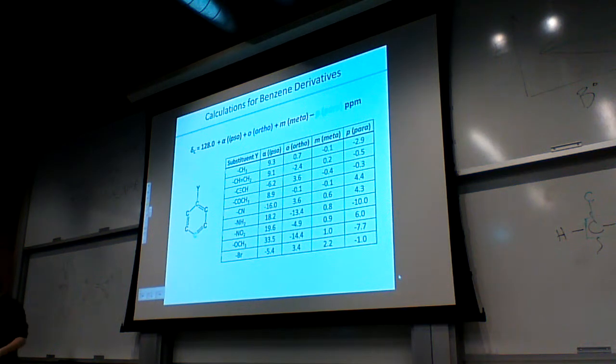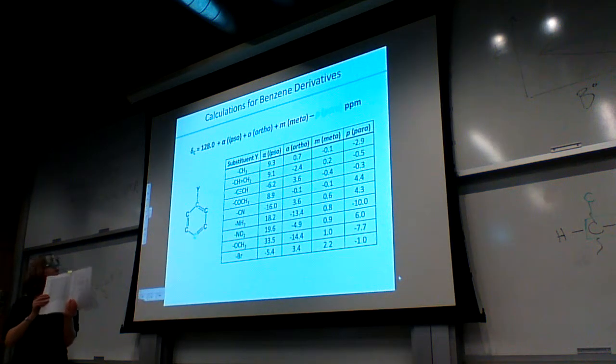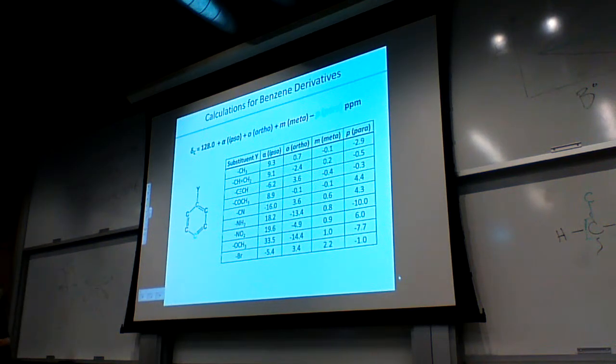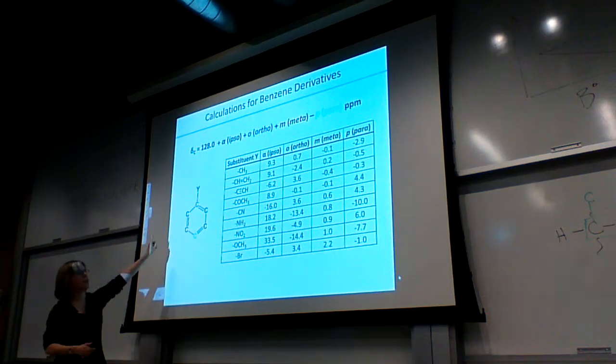Your book in chapter 6 and 7, or appendix 6 and 7, has the full table, or some tables of these numbers. I chopped it down so that I could fit some of it on the slide and still give you an idea.